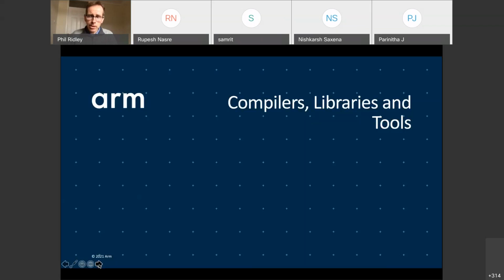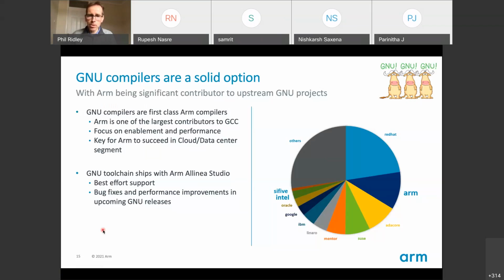So for the next part of the talk, I'll cover actual compilers and libraries and tools and how you can use those. I won't go into too much detail, but I can do that at the end if needed.